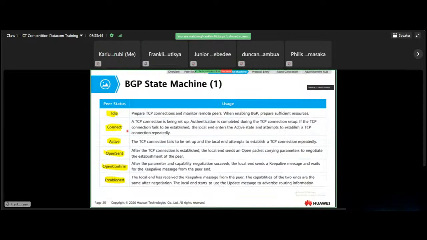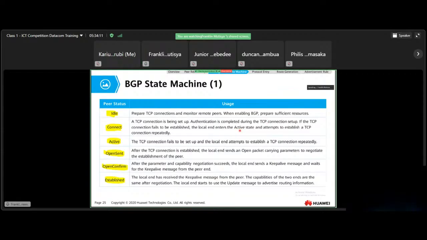During the connect stage, this is where we are trying to establish the TCP connection. If authentication for your TCP connection is required, that is where we need to perform it. Authentication is completed during TCP connection setup. If the TCP connection fails to be established, the local router enters what we call the active state.